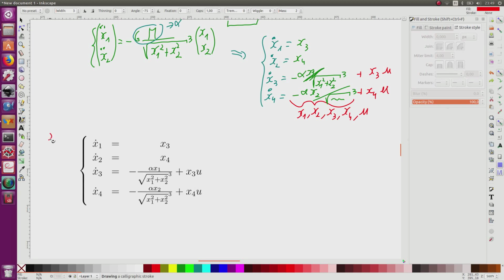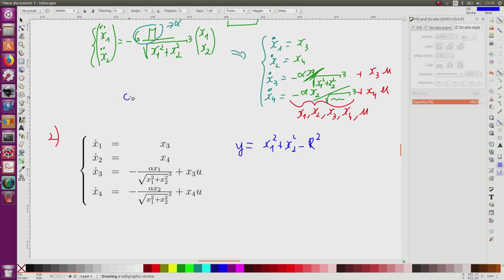For question number 2, I take the state model with u as an input, and I will have to consider an error, which will correspond to y. I want this error to be 0 when I am on the radius r, so I will take x1 square plus x2 square minus r square.